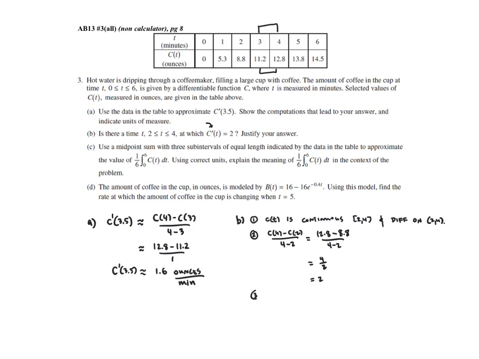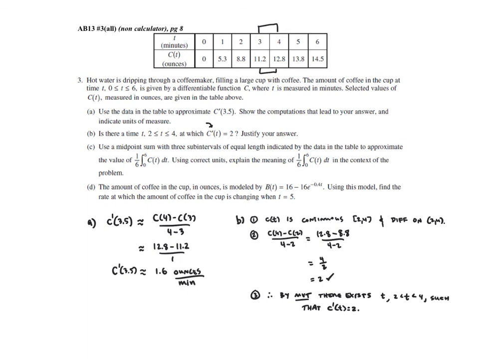Okay, and our third part is we're going to make a statement. Therefore, by the mean value theorem, you have to state this. This is 1 point right there. There exists a t where t is between 2 and 4 such that C prime of t is equal to 2.